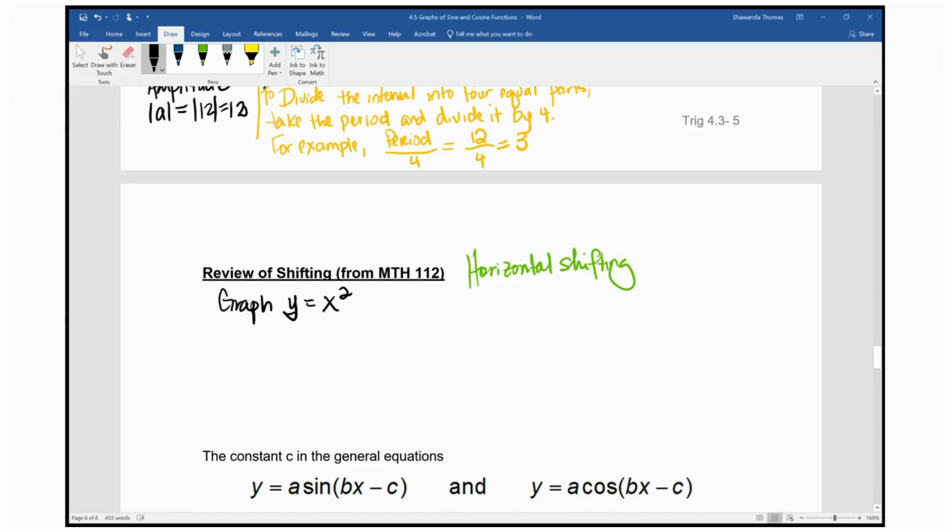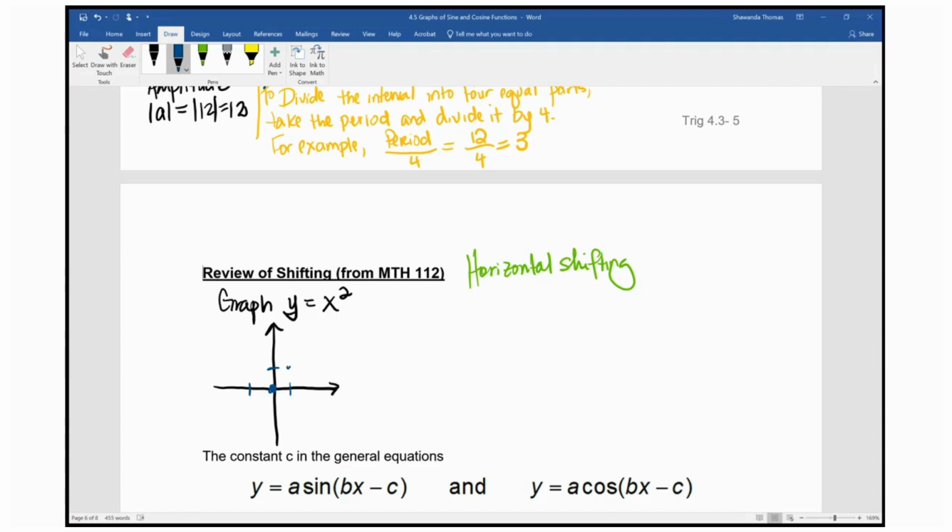All right, yes, Rio, you were right. If you plug in 0, you get 0. Plug in 1. What would you get for y? Plug in 1 for x, you get 1.